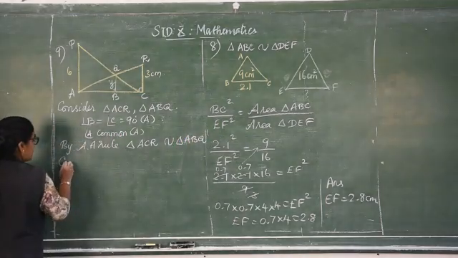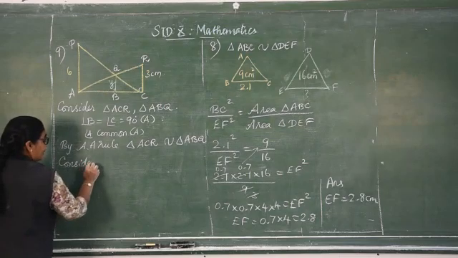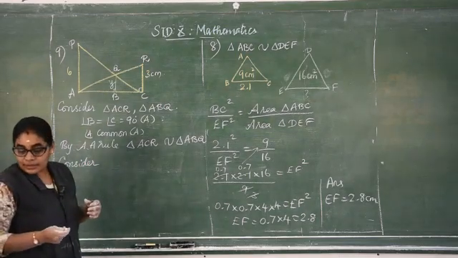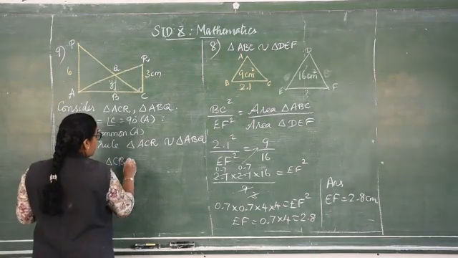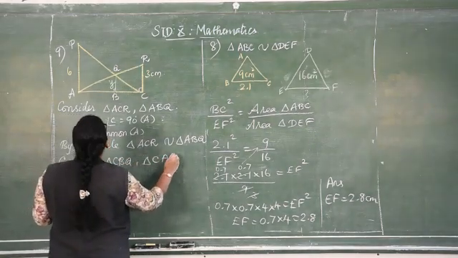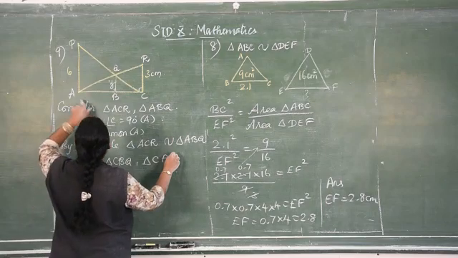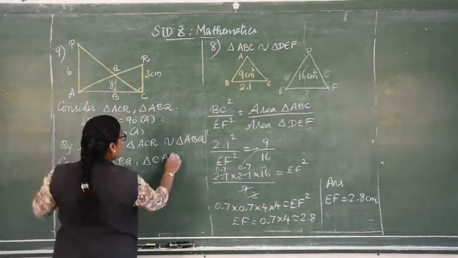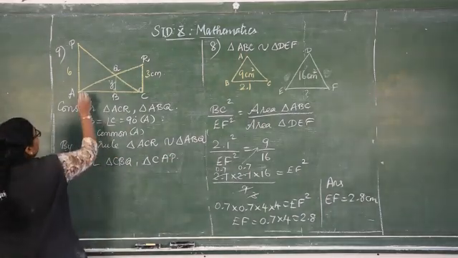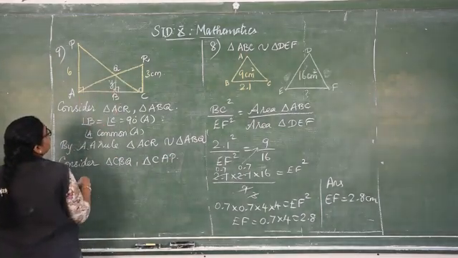Then again consider the second triangle, triangle CBQ, triangle CAP. Now again the same. This is 90 degree and this is 90 degree.